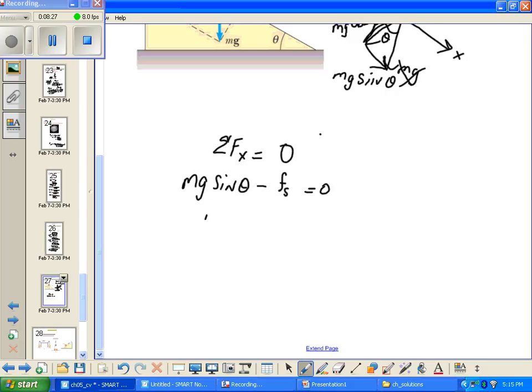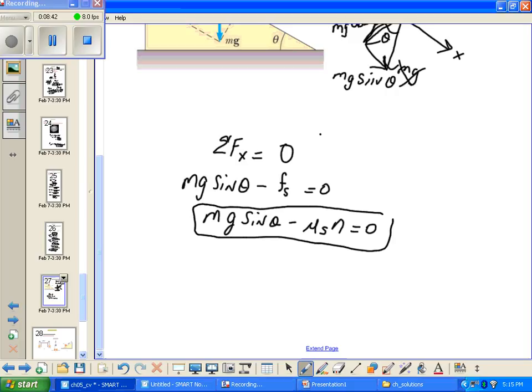And we can rewrite this as mg sine of theta. The force of static friction will be given by mu s times the normal force, which we have yet to determine from our equation for Newton's second law in the y direction, which we are about to obtain now.